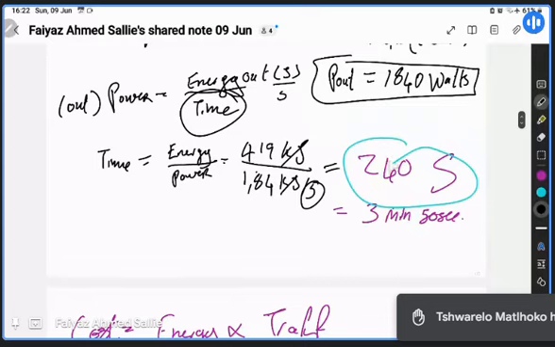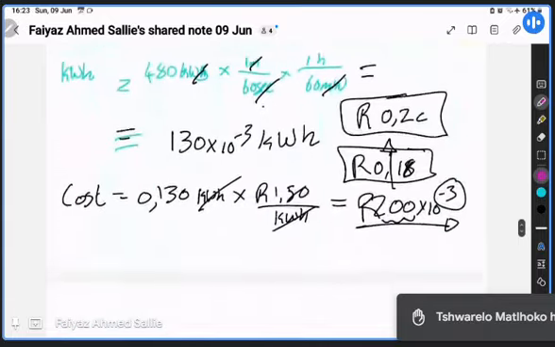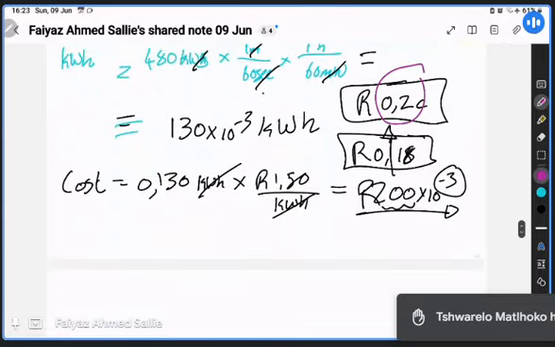This? Oh, this is 240 seconds. If you're not getting the same answer, it's because I rounded off. So also here at the end, you can see I got 20 cents, and the memo is 18 cents. So it's just the fact of rounding off.